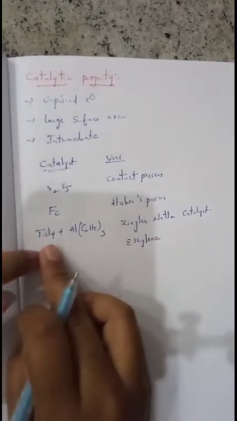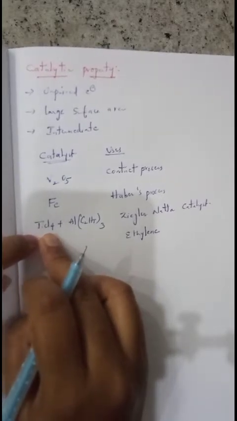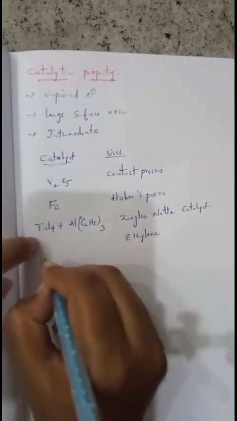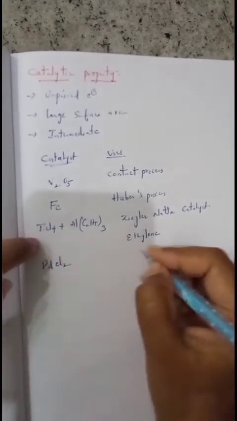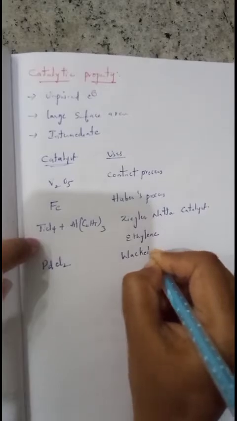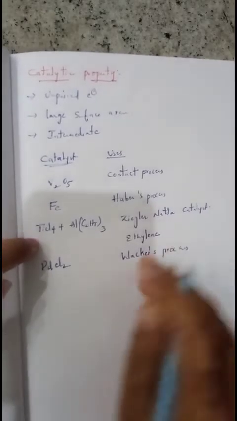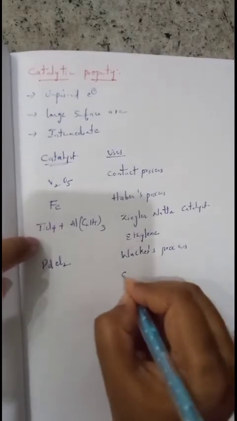The Ziegler-Natta catalyst involves one of the elements of the 3D series. In the same manner, palladium dichloride is used in the Wacker process for the manufacture of acetaldehyde.